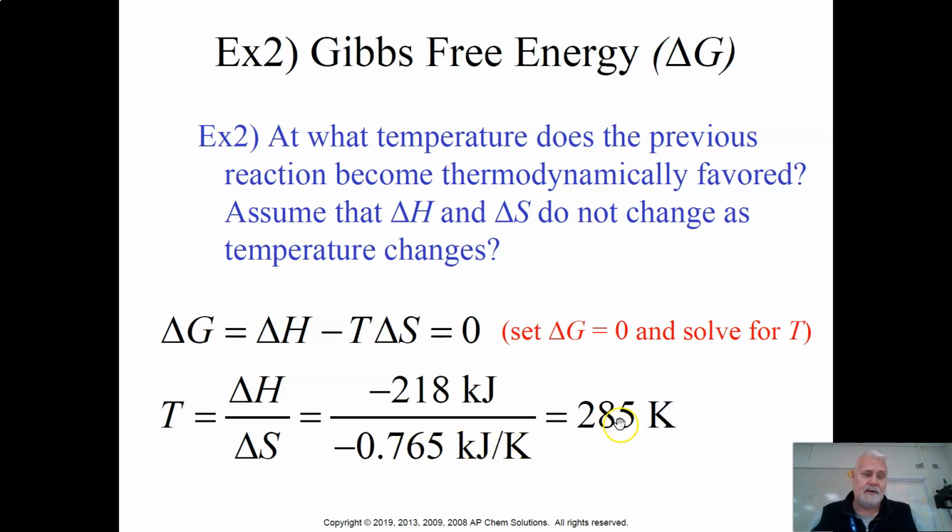In this case, 285 degrees Kelvin is the point where it would become thermodynamically favored. That would be enough energy to drive the system forward. If you get a negative Kelvin value, you know you did something wrong.